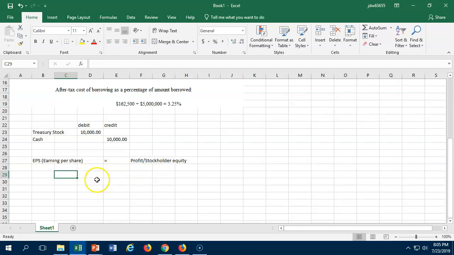So would you want to increase or decrease stockholder equity to drive up this ratio? It's like a math problem. Exactly. Yeah. So by decreasing stockholder equity, you'd boost up that ratio, and that's a ratio that investors are looking at. And so that's one reason why sometimes companies buy back their shares, to boost up that ratio.